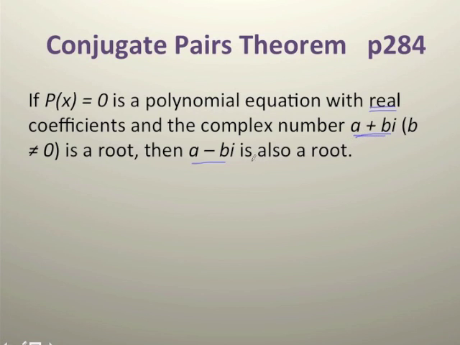They always come together. You might recognize these as conjugates, a plus bi and a minus bi. This is the conjugate pairs theorem.